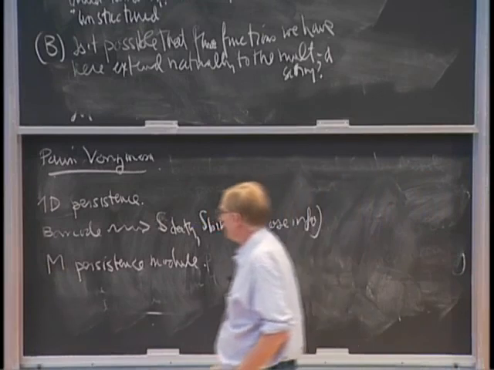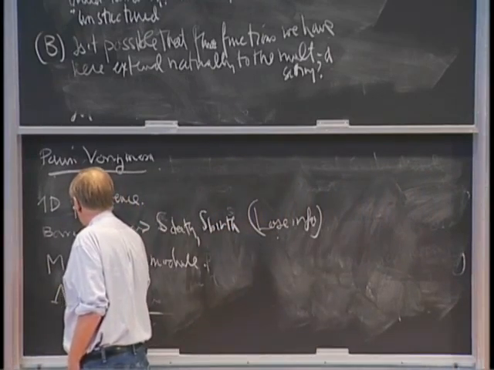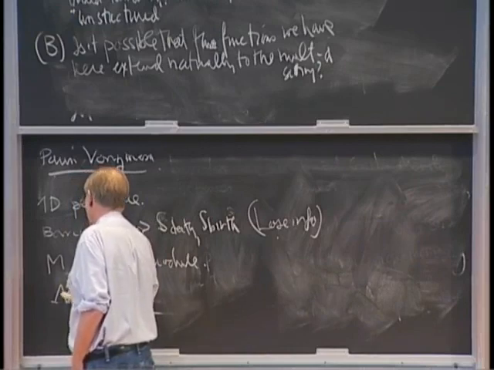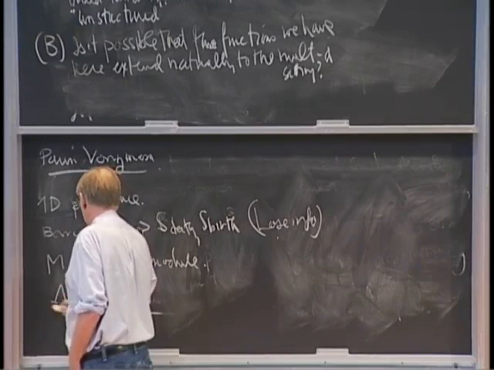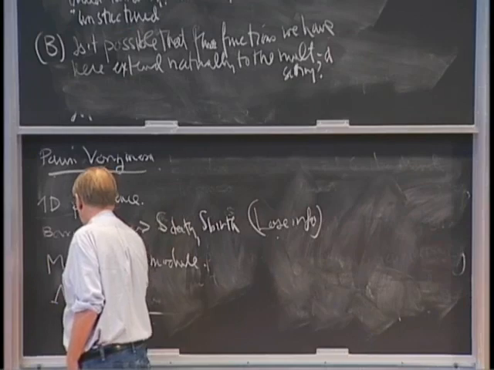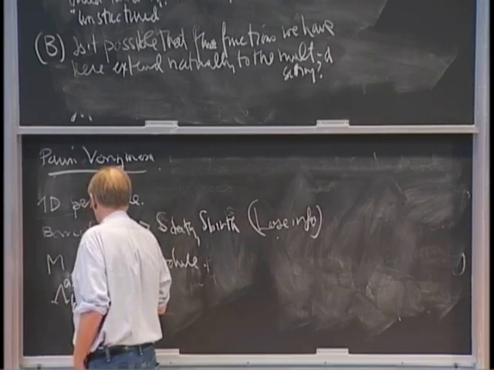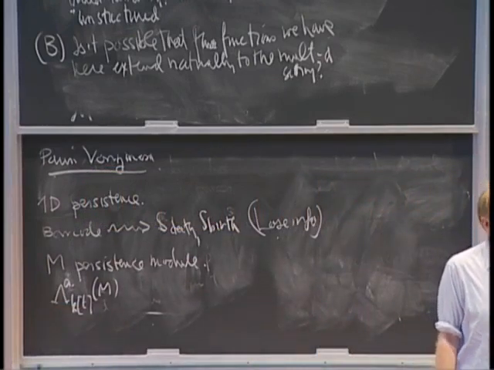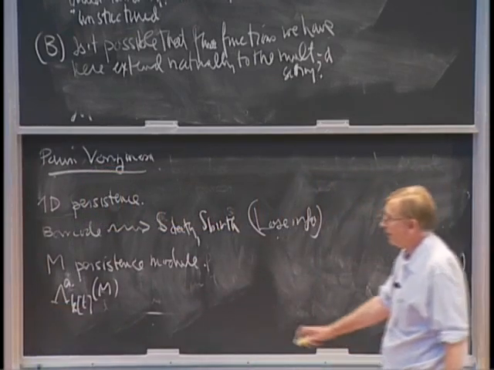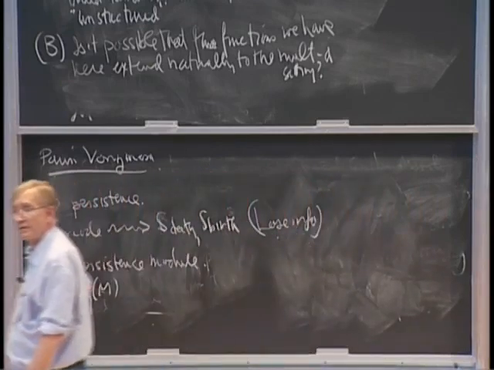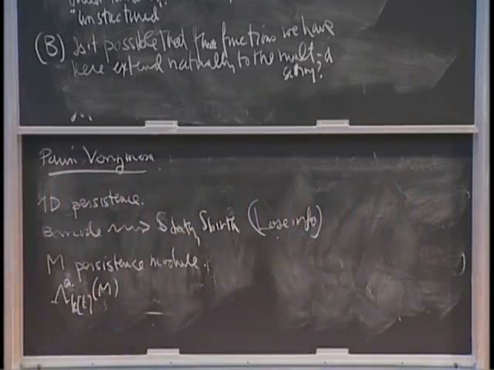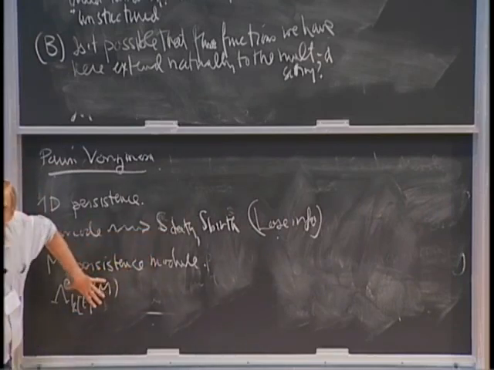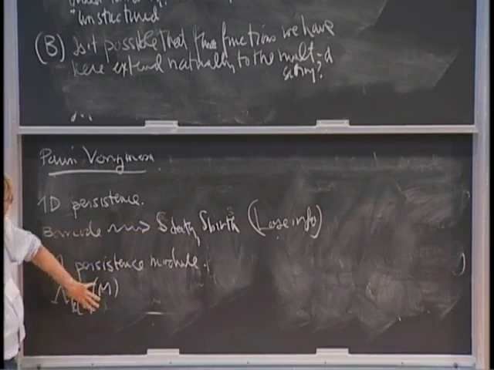So I can build lambda k of M, a bunch of persistence modules like that. This exterior power is a standard definition. What Pavin proved is that if you take all the birth and death sets for all these exterior powers, you can recover the barcode.